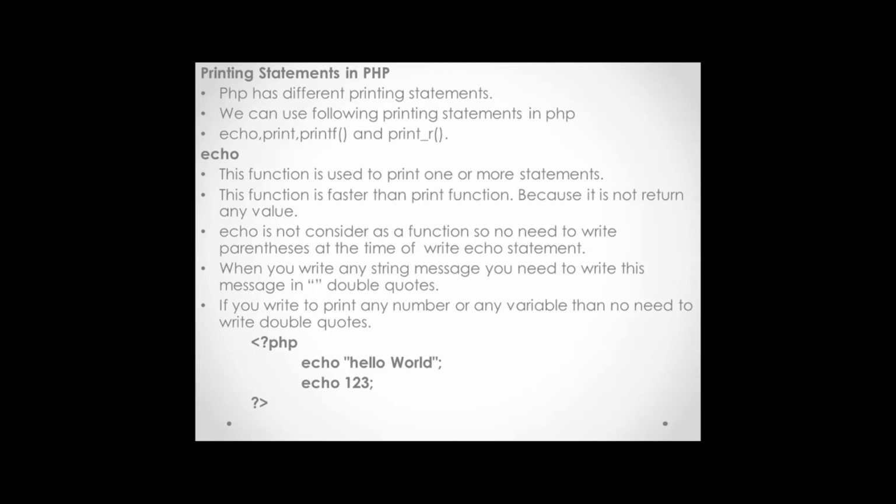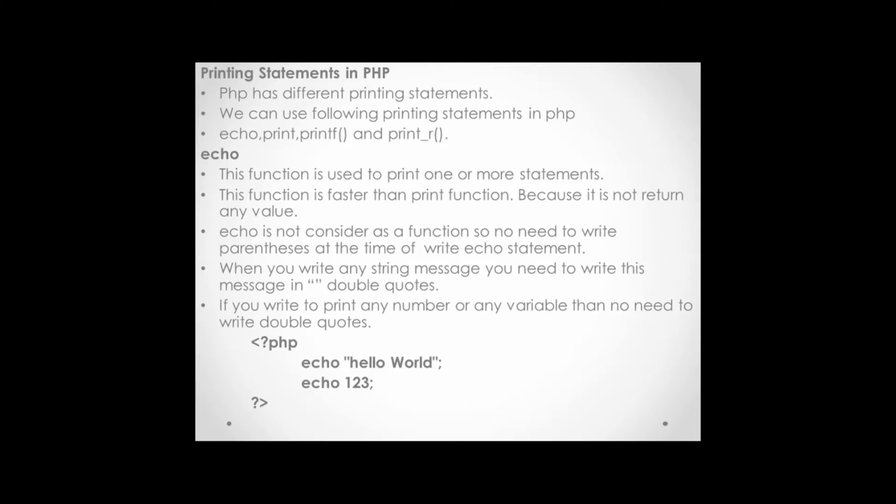The echo function is faster than the print function because it does not return any value. It means if this function is called, it will not return 1 or 0, meaning true or false. Echo is not considered a function. It is a kind of echo statement, so it is not considered a function.